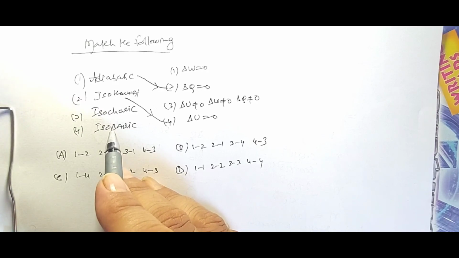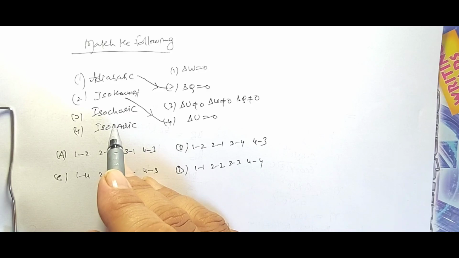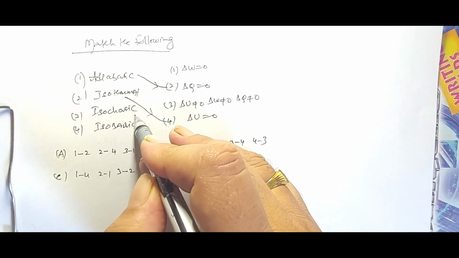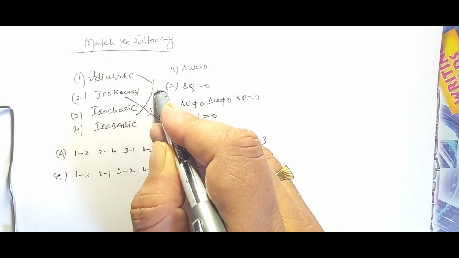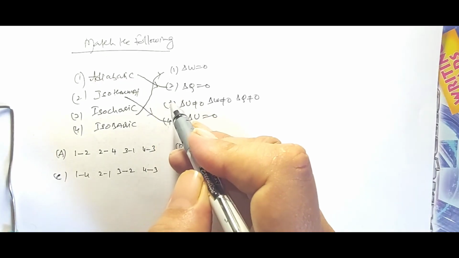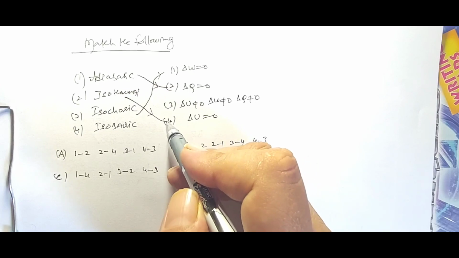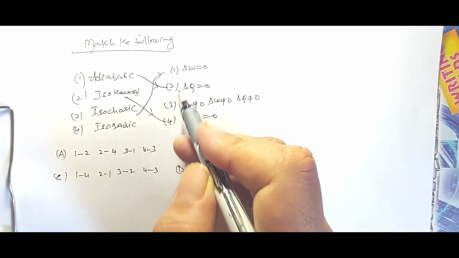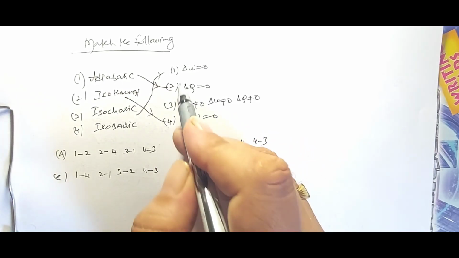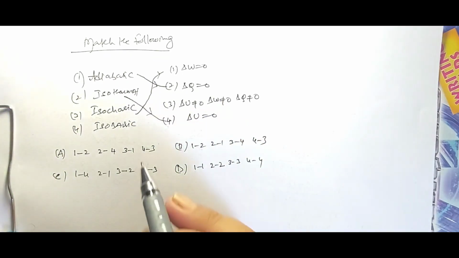There is no change in volume, so work done is 0. So 3 matches to 1. Why? Because dW is equal to PdV, dV is equal to 0, so delta W is equal to 0.